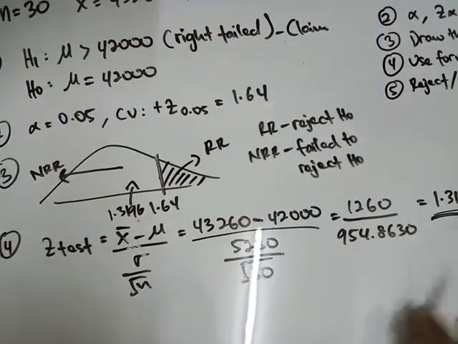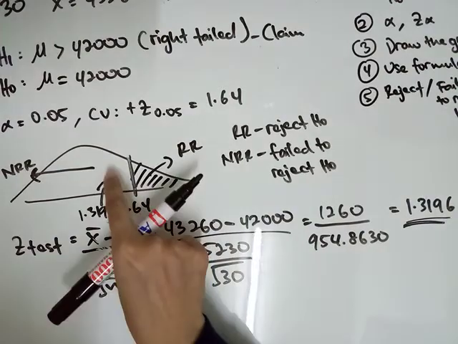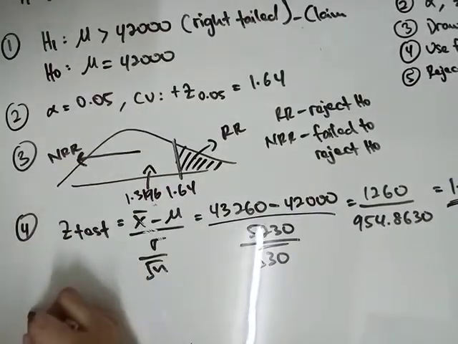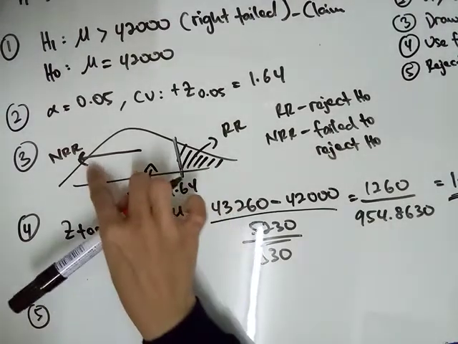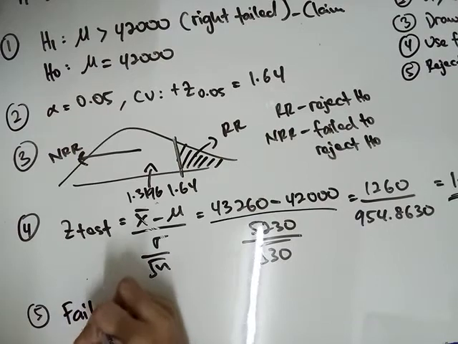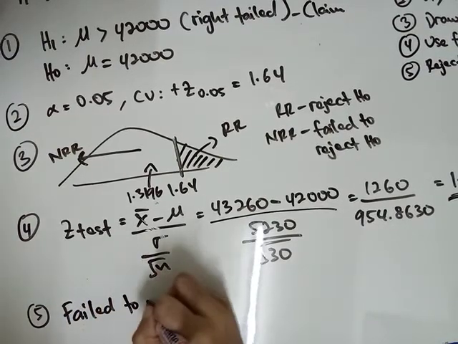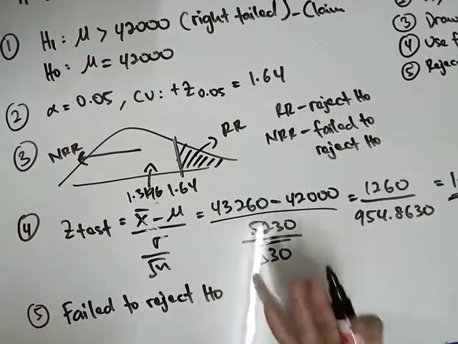Okay, so since this value is in NRR, you can conclude for step 5, NRR apa maksud dia? Fail to reject H note. So you can conclude fail to reject H note. Why?